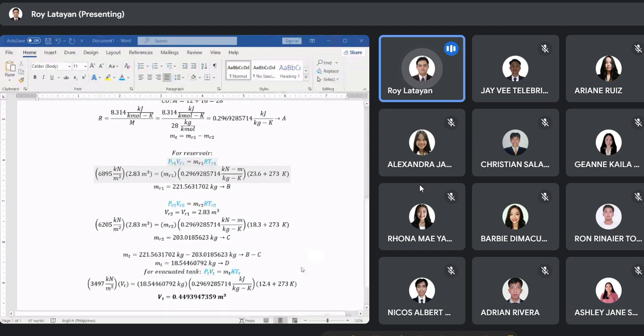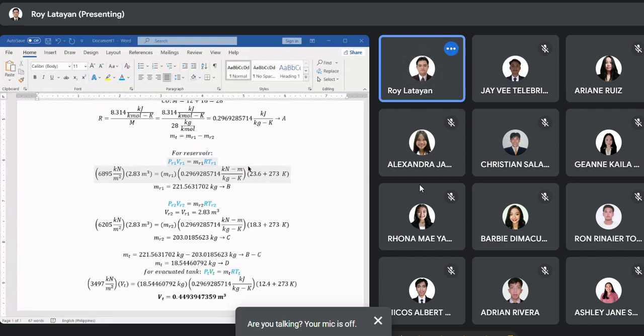So, if wala yatang question, proceed na tayo ng isa pang sample problem. Ano naman ako ng for specific heat. Pero parang wala yata dito. Tingnan ko na lang yung dating module for other problems.